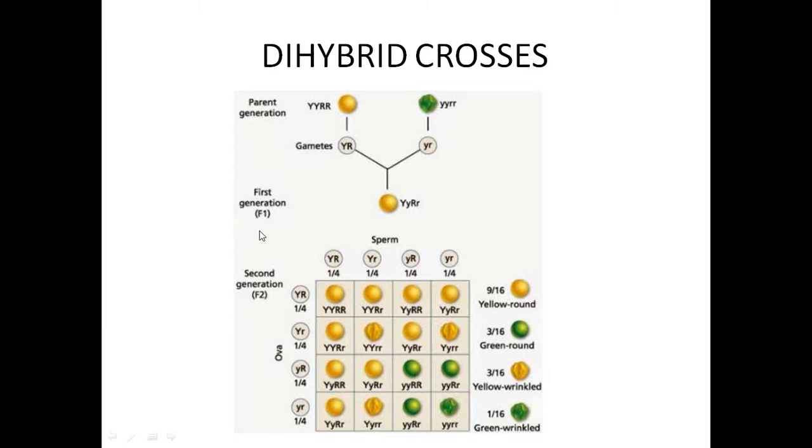The F1 generation, first filial generation, these offsprings or hybrids produced have yellow and round seeds.